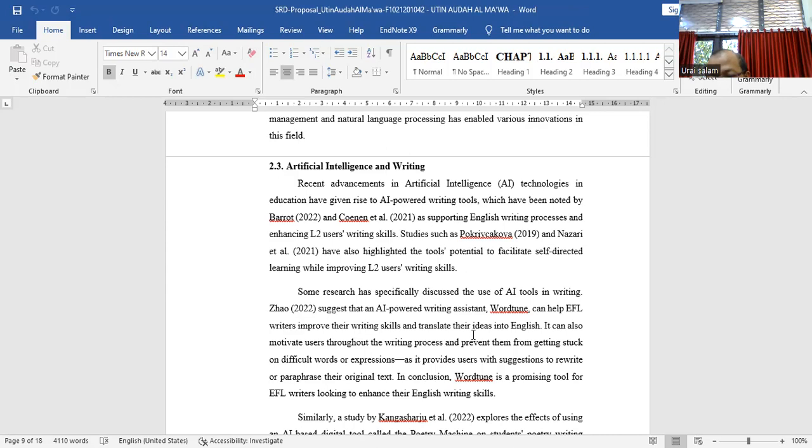So the tool gives us more ideas that are not available in the original text that we put into Quillbot.